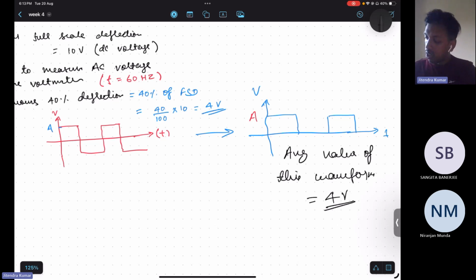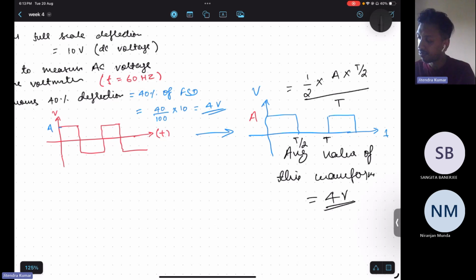Okay, so what is the average of this square wave? Half into A into T by 2, where T is the time period, divided by the total time period. Oh, sorry, it should not be half. Half generally comes in a triangular waveform.